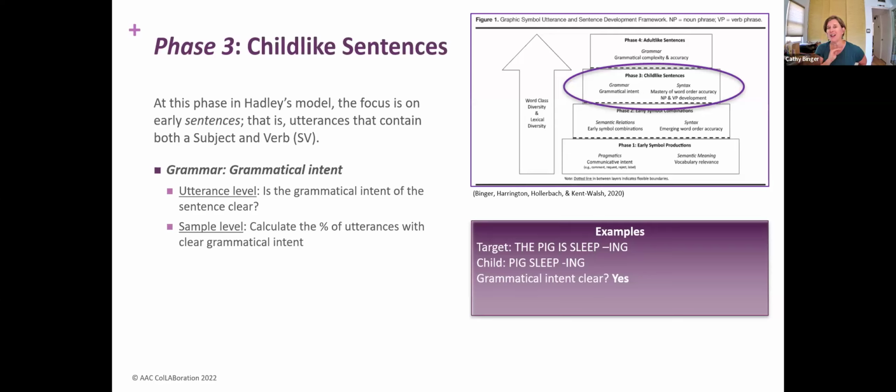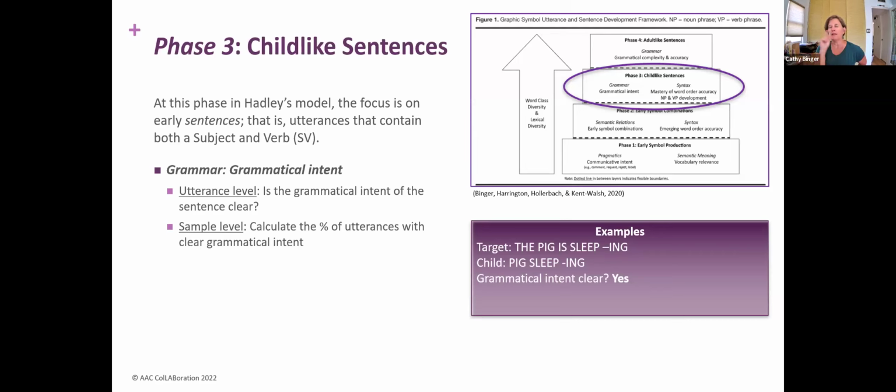An example that does not have grammatical intent would be, I think this is the example that I'm going to use in the focus group, something like dog bowl. If a child says dog and then says bowl, I don't know if that child means a possessive relationship like dog's bowl, or they want to say the dog has a bowl, or something else that has to do with dog and bowl.